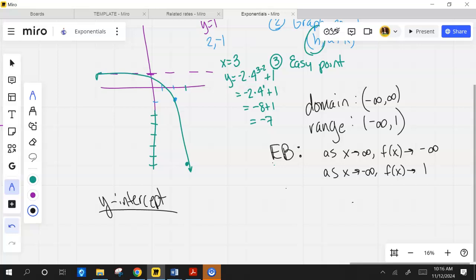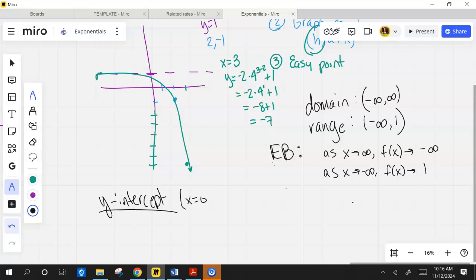How do you find the y-intercept? Shh, boys, y'all are distracting everyone. How do you find the y-intercept? Plug in 0 for x.